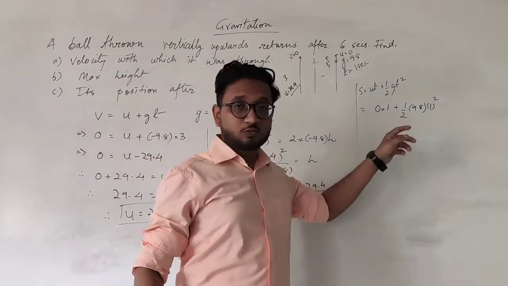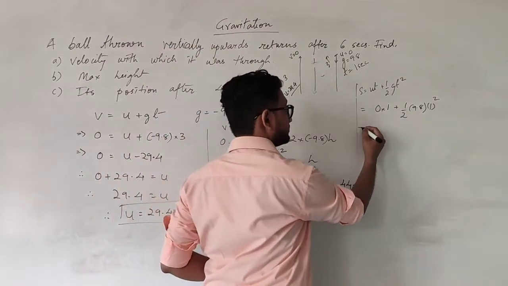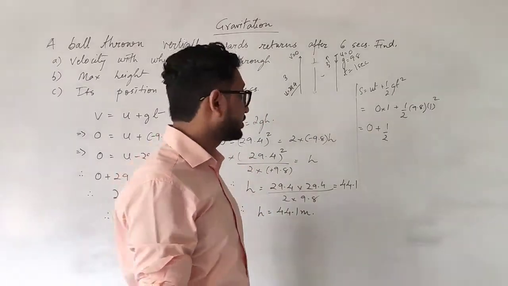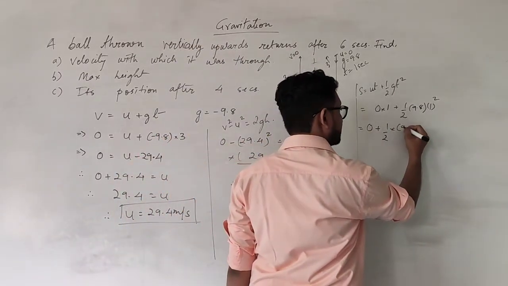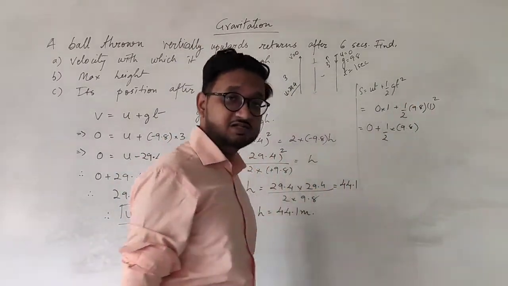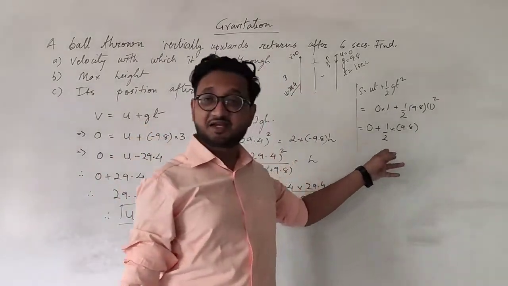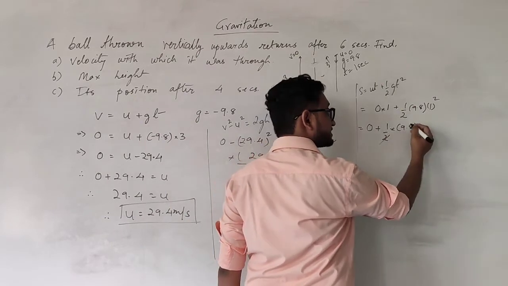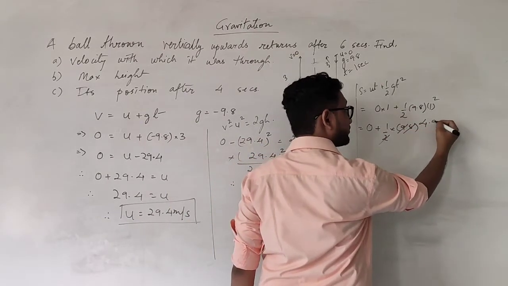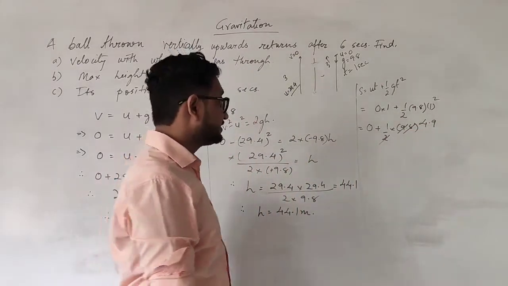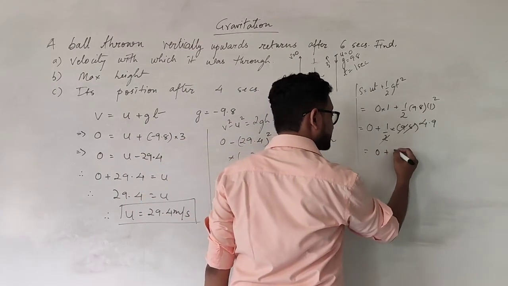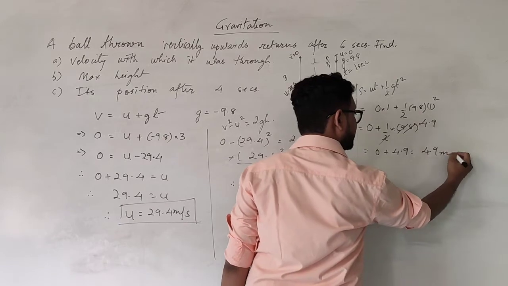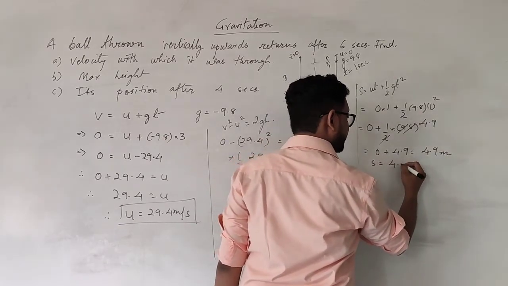So 0 into 1 is 0, plus half into 9.8, and 1 square is 1, and 1 multiplied by any number is the number itself. So all you need to do is just cut this, and when you solve this you will get 4.9. So the final thing remaining is 0 plus 4.9. So the answer is 4.9 meters. So S is equal to 4.9 meters.